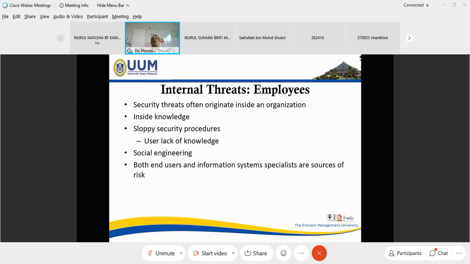Internal threats. For security, we have external threats and internal threats. External threats, we already know, are attacks that come from hackers, but at the same time, internal threats come from employees themselves. How do the threats come from employees?